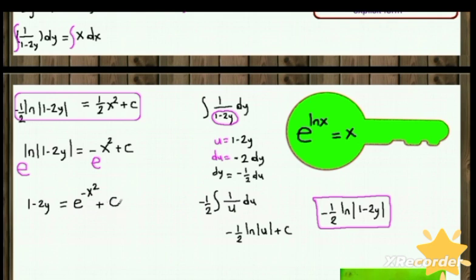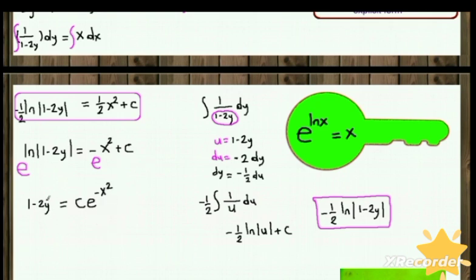We can write this c in front of e. We can apply the logarithmic rules here. That's going to be e to the c as well, and if we merge them, it's going to be c times e to the negative x squared. Again, here we apply the basic logarithmic rules.